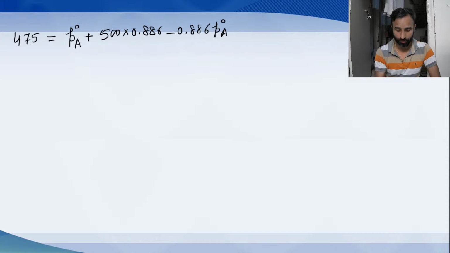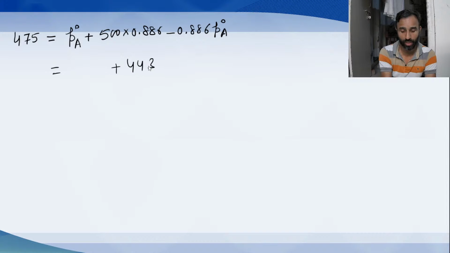This way, 500 into 0.886 comes out to be 443, and 1 minus 0.886 is 0.114 P naught A, right?